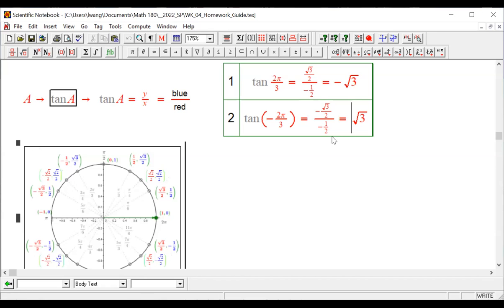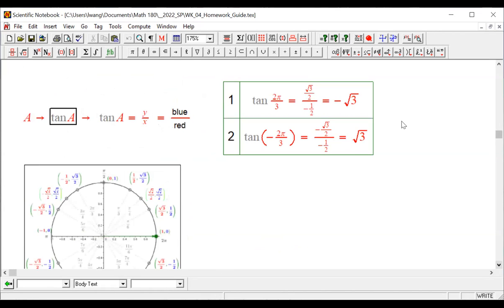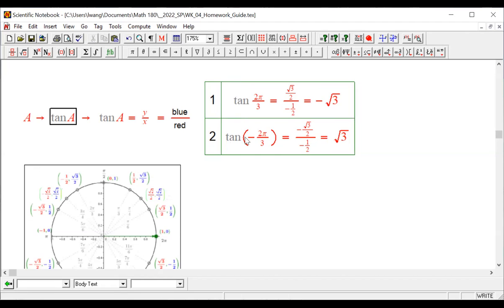You see, we see that phenomenon of tangent seeming to be an odd function once again, right? Different angles, but when you choose the angle properly, you see that phenomenon. So tangent of negative 2 pi over 3 is equal to negative tangent of 2 pi over 3, right?